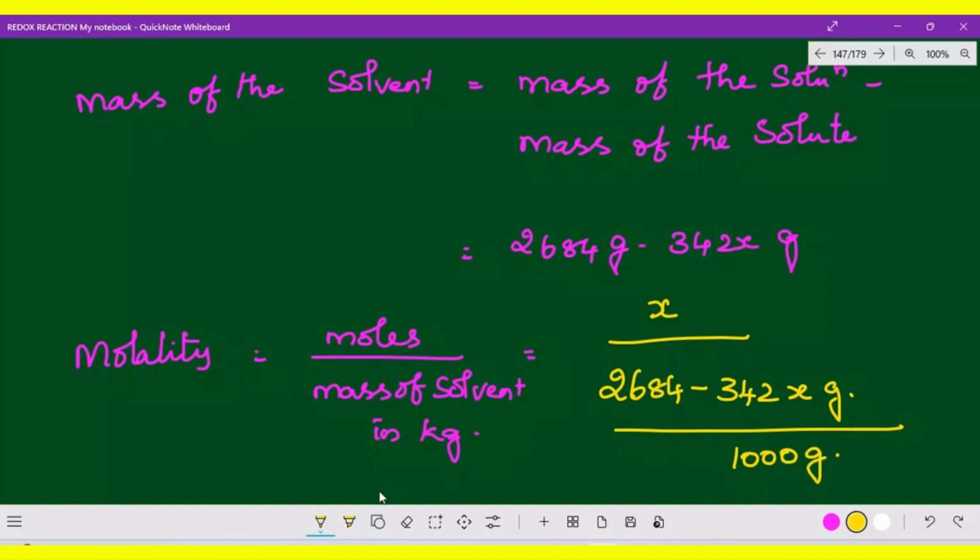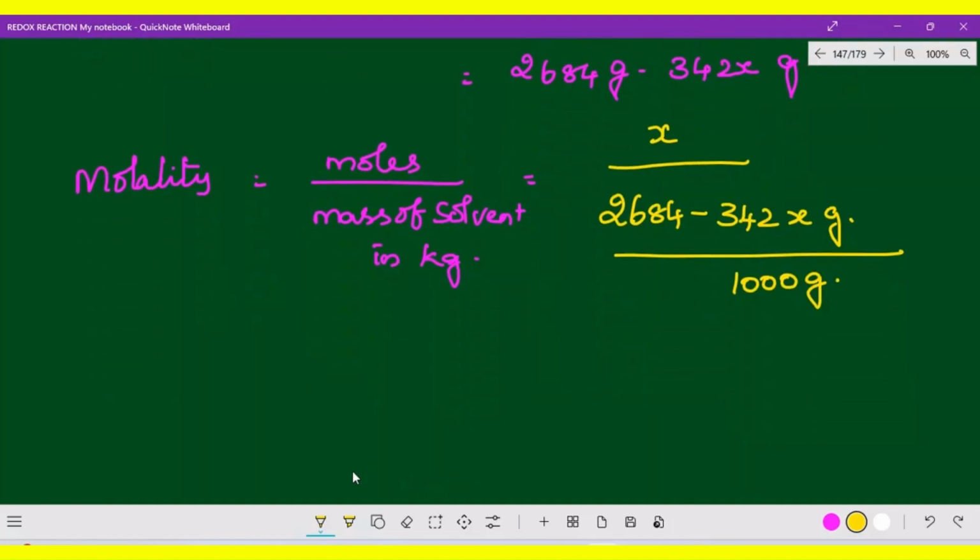So how to solve this? This is actually complex, so we just bring it over there. This is 1000 x equal to 2684 minus 342 x. Got it?